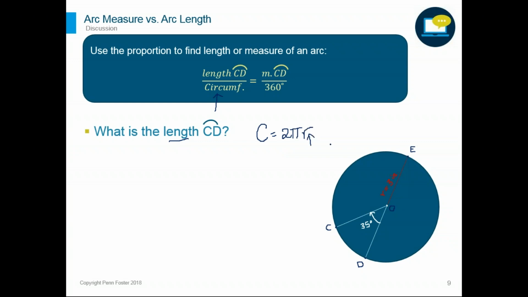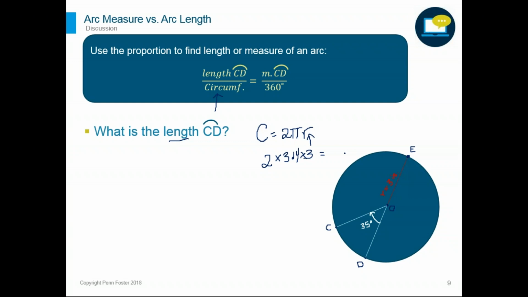And r here is the radius, the red line that connects one point on the circle to the center. This is given as 3 inches. So 3 times pi. Pi has not changed, it's 3.14. And then the 2 is just from the formula. So 2 times 3.14 times 3 should give us the length of the full circle, the circumference.